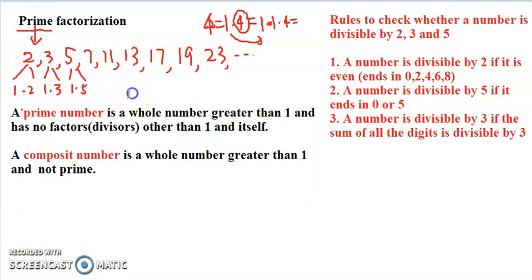The formal definition for a prime number is a whole number greater than 1 and has no factors, or what you can call divisors, other than 1 and itself. Just like we explained here, as you can see, any numbers that can go into each of these numbers are 1 and itself.